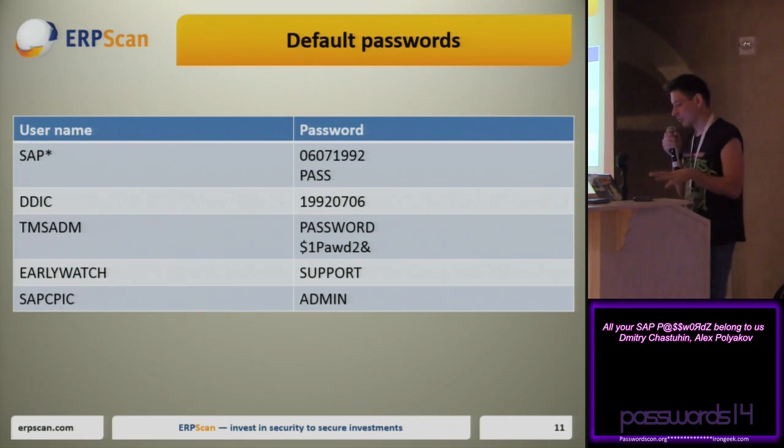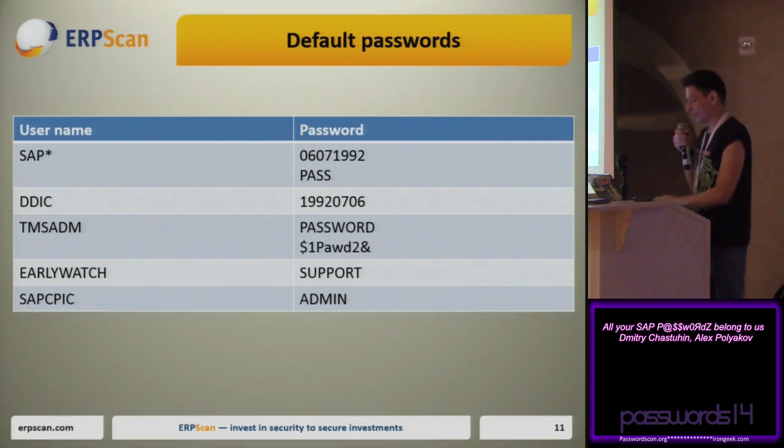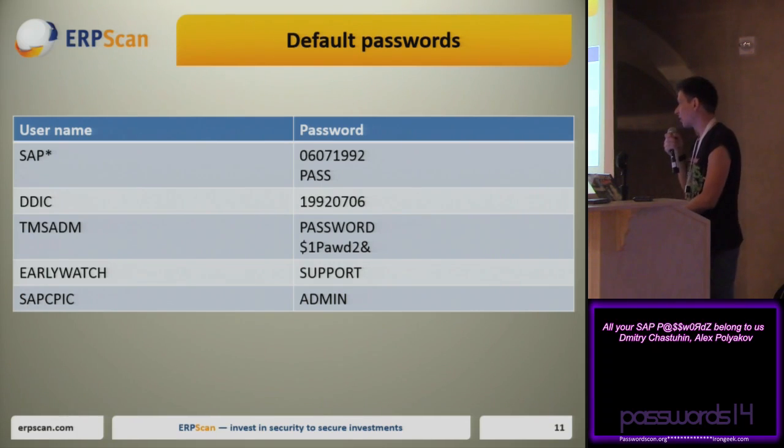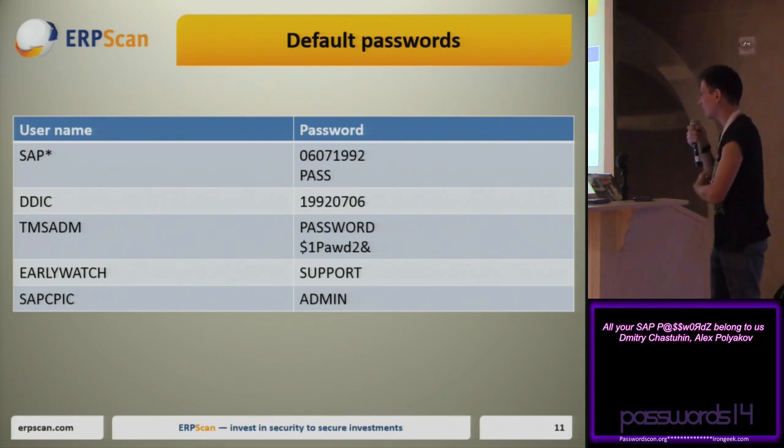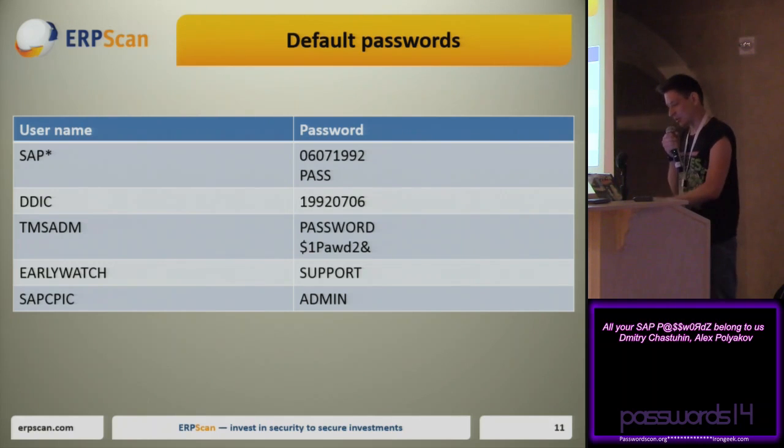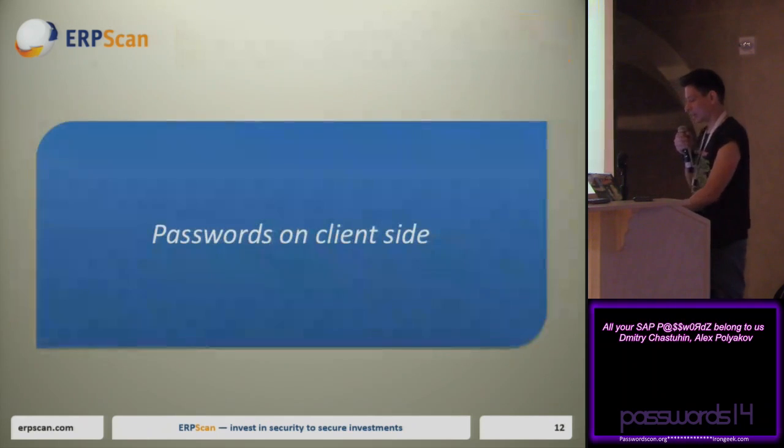That's why we can often find default passwords for critical users on SAP systems. It's very easy to find a SAP system, try one of these usernames and passwords, and you will get full access to the data.